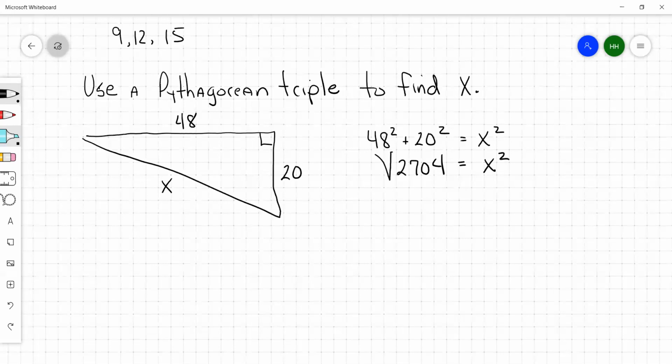If you square root both sides, now, since you're using Pythagorean triples to find x, you don't have to simplify this 2704. It should be a perfect square, so you can hit the square root button on your calculator. So 52 is equal to x. The three sides are going to be whole numbers when you're working with a Pythagorean triple. Cannot have decimals.